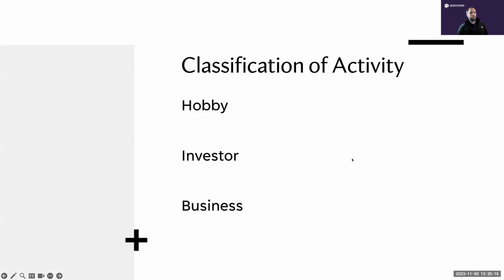So Kurt already mentioned a little bit of this, and I'm not going to dive too deeply into it, but he did a good job of explaining the basics. We have 3 classifications for how we look at our timber activities. A hobby is something where there might be a landowner who has timber on an associated property, but they're really not looking to make any kind of money off of it.